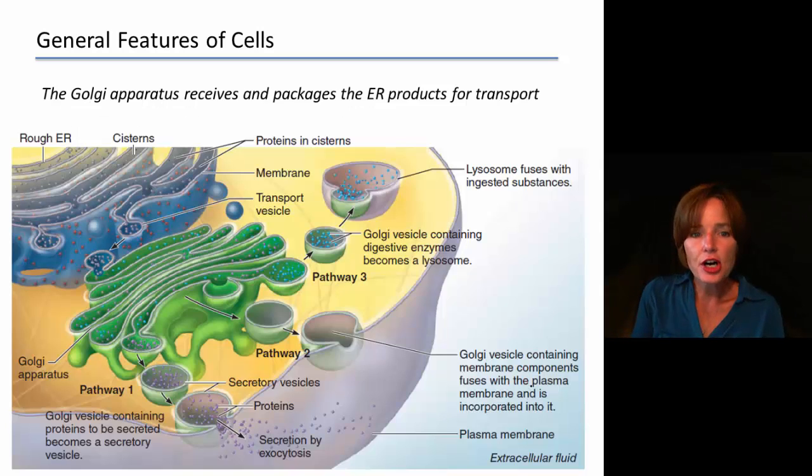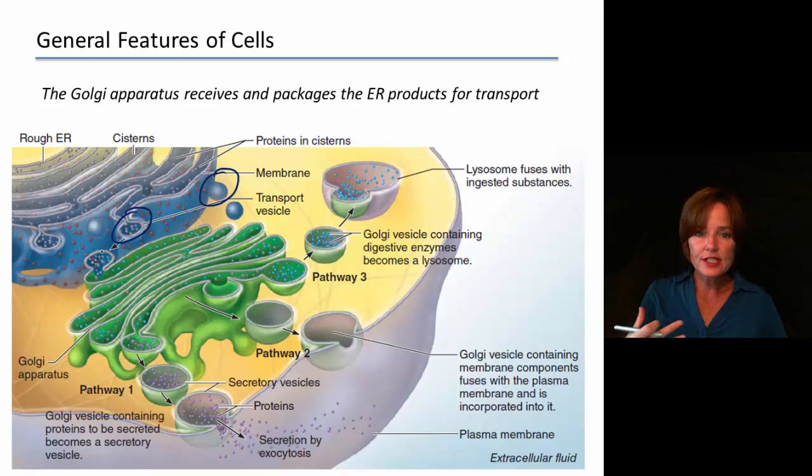So if we kind of tie it all together and look at what the Golgi is doing, the blue picture is showing us the rough ER. The rough ER is taking the proteins from the ribosomes on the outside, packaging them up in those little vesicle compartments, and then sending them out. We can see a number of these being sent out. Those are then going to travel to the Golgi, shown here in green.